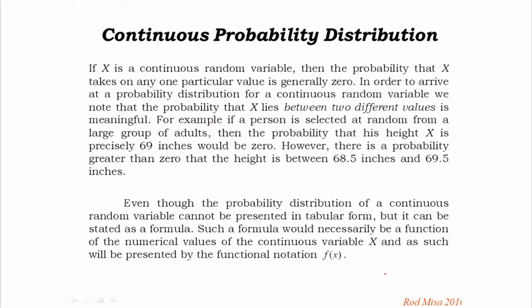And such a formula would necessarily be a function of numerical values for the continuous random variable x, and as such will be presented by the functional notation small f of x, which we call here our PDF. PDF means probability density function, because in the discrete case we call it PMF, probability mass function, but here we call it probability density function.